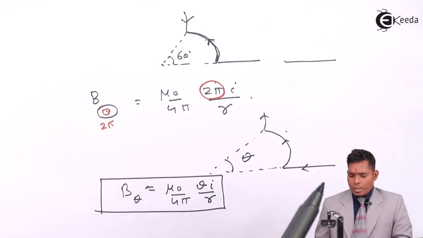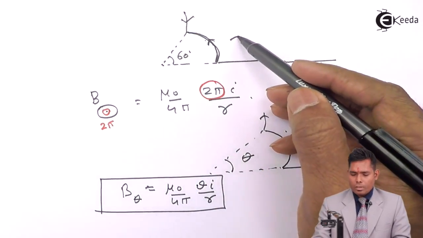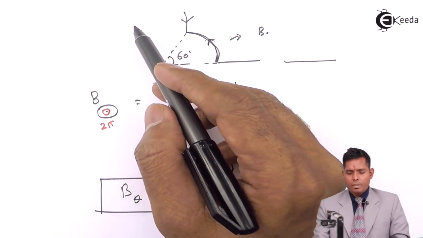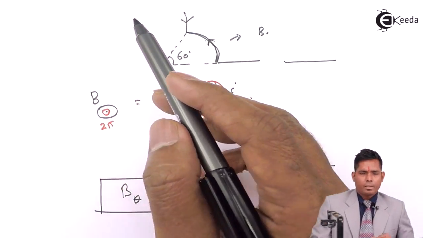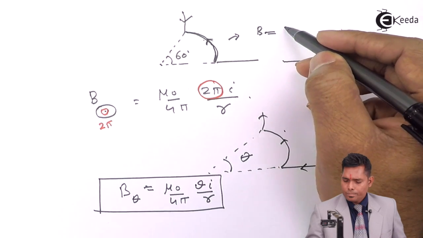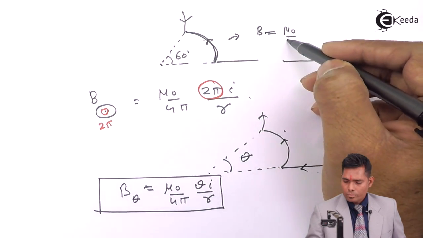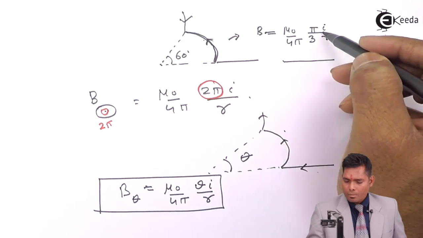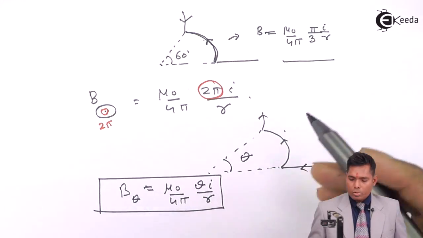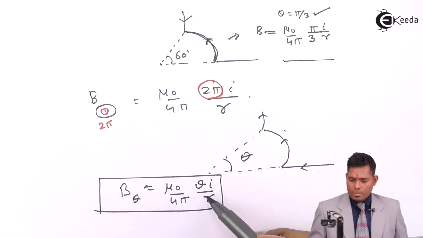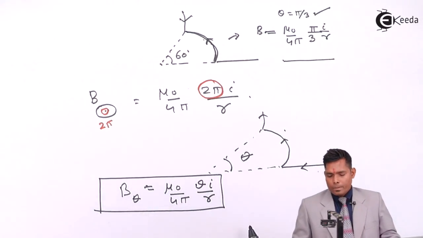For this theta, here it is 60 degrees, so how much is that in radian? Pi by 3, okay, pi by 3. So the answer will be mu 0 upon 4 pi, I by r, and theta you substitute pi by 3. Here theta is pi by 3. So with these values you will get the answer.